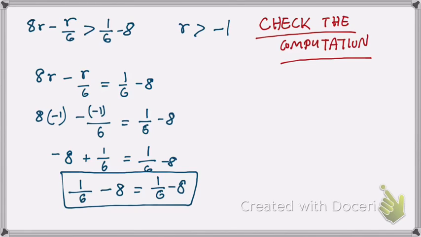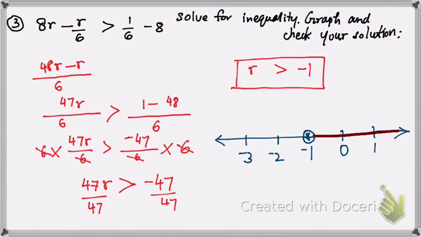Hope you understand that, and don't forget to first solve the inequality, then draw a graph, and then check the solution. So there are 3 steps to this problem. Don't forget any of that.